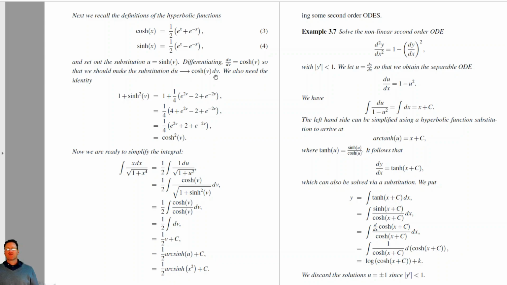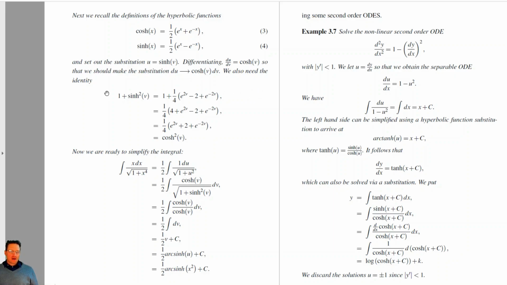So the derivative of sinh is cosh, just like the derivative of sine of theta is cos of theta, right? So that's why these are named like they are, because they behave a lot like sine and cos, but not exactly like them. Okay, so we should make the substitution replacing du with cosh of v dv.